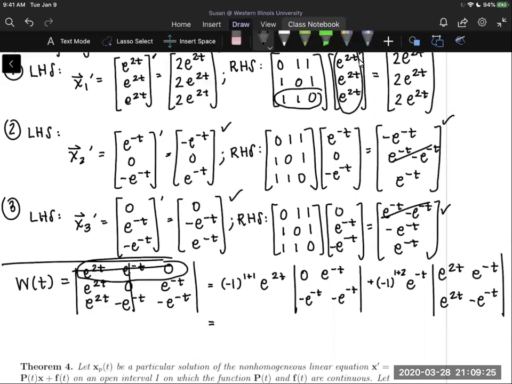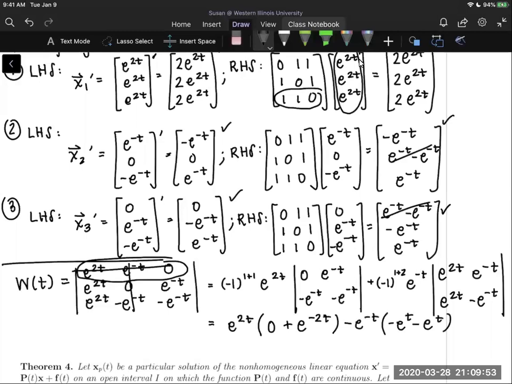So we get an e to the 2t times 0 minus a negative, or plus, an e to the negative 2t. All right, and then the next term is going to be a minus e to the negative t. And this determinant is a negative e to the t minus e to the t.